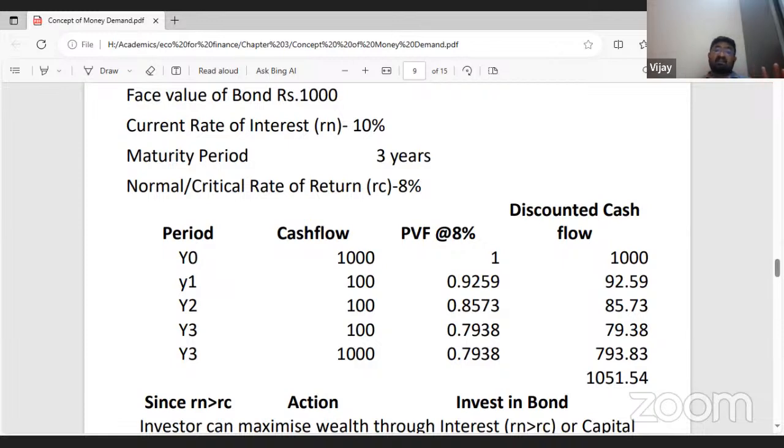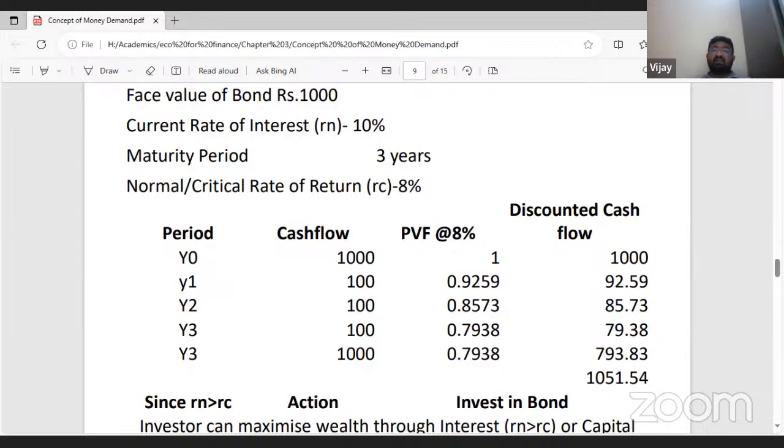Whereas the market rate of interest, that is the normal return on investment, is 8%. So normally I will get 8%, but when I purchase this bond, I will get 10%.